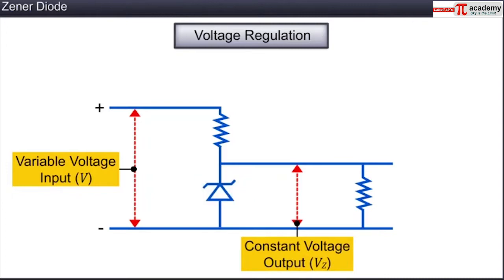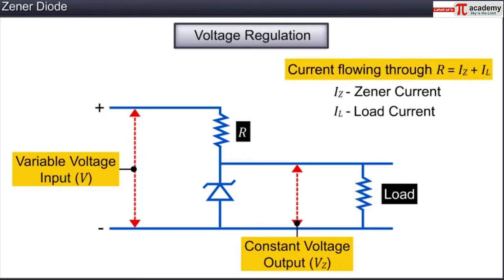The input voltage is connected to the Zener diode through a series resistor having resistance R with the Zener diode in a reverse bias arrangement. A load resistance is connected parallel to the Zener diode to collect the constant voltage output across it. The current through R is equal to the sum of the Zener current and load current.